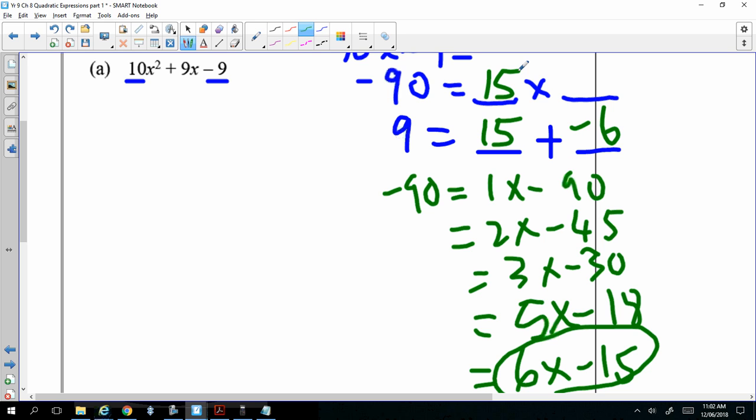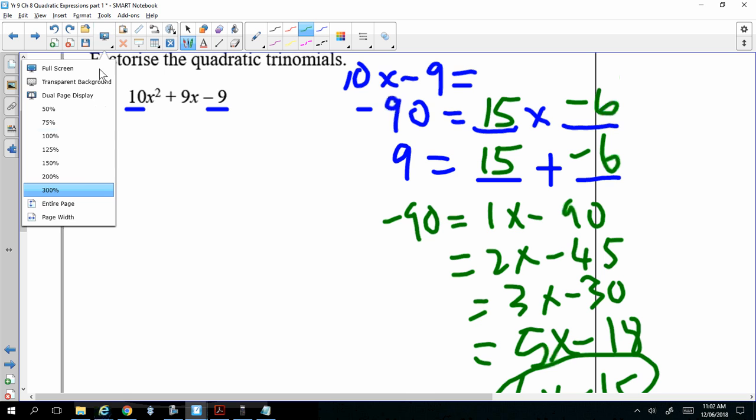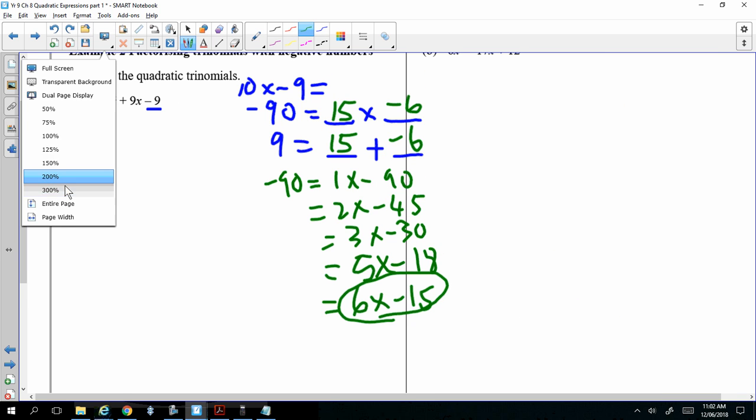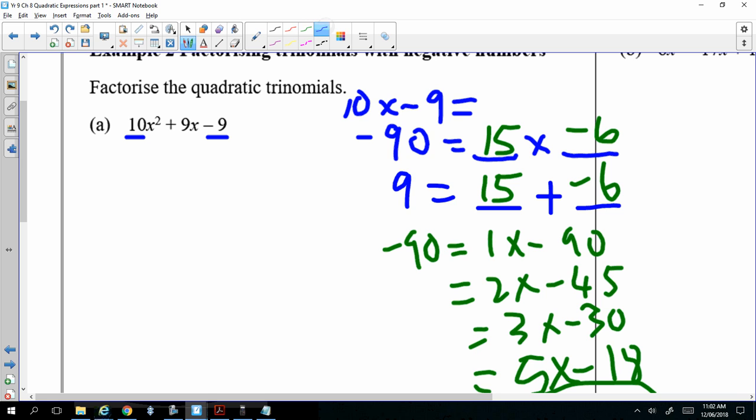Once you get the numbers, you can use method 1 or 2. Let's use method 1. I will do all 3 methods. Method 1: you split the middle term. Instead of 9x, you write 15x minus 6x, but everything else stays unchanged.